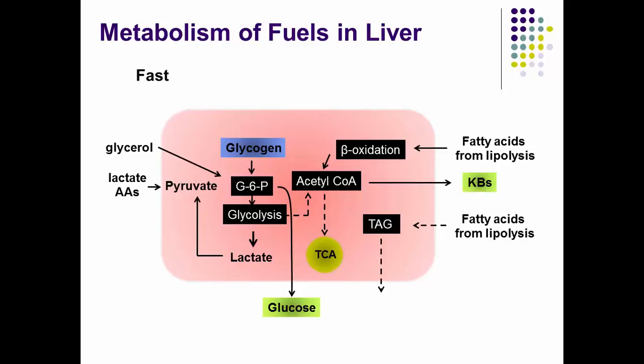The other pathways are also relatively low in activity. Fatty acids from lipolysis in adipose tissue during fasting can also be picked up by the liver for triglyceride synthesis, but this pathway is relatively low compared to the beta oxidation pathway, right?